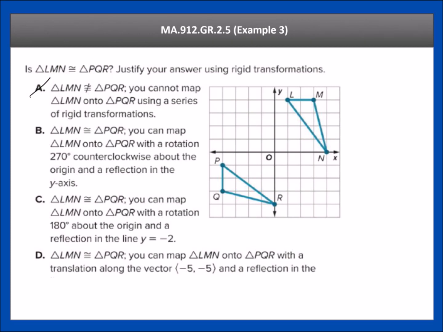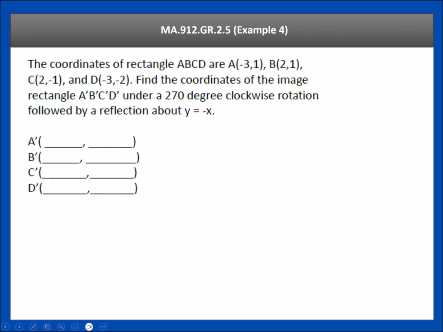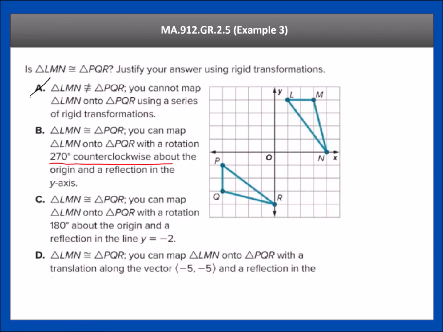Okay, so we're going to do a 270 degree counterclockwise rotation. So again, if you recall, the rule for 270 degrees counterclockwise is (x, y) maps to (y, negative x). If I use that transformation rule, we know that L must map to P. And we know that the coordinates of L are 1 and then 1, 2, 3, 4.